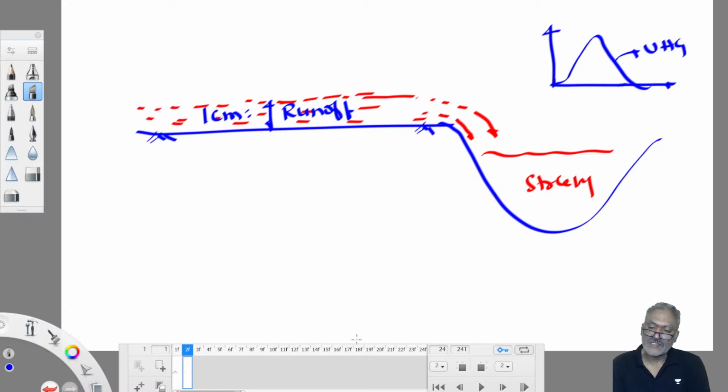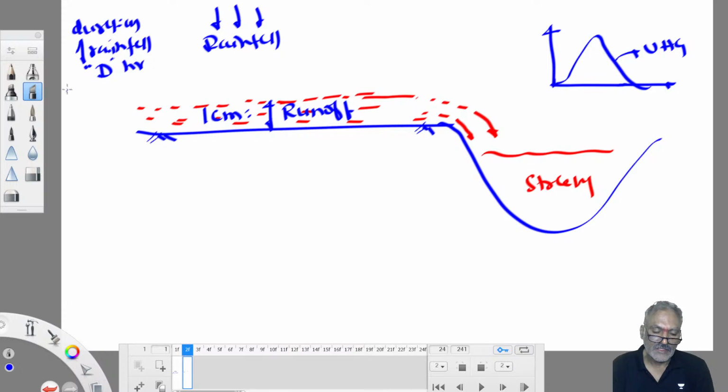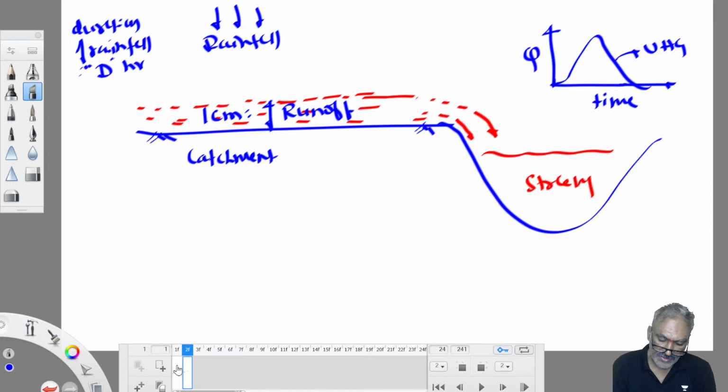Shortcut we write it as UH. So a rain is occurring for a certain duration. Let us assume the duration of rainfall is some D. So a D hour storm has occurred. That D hour storm produces a runoff of 1 centimeter. If that runoff is drained into a stream, then exactly how the stream flow varies with respect to time, that plot is called the unit hydrograph.